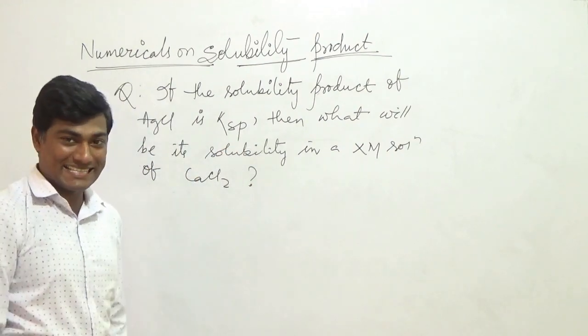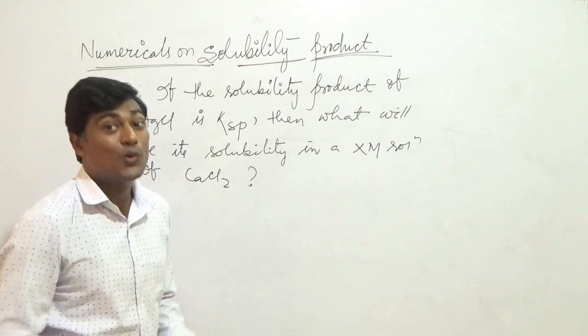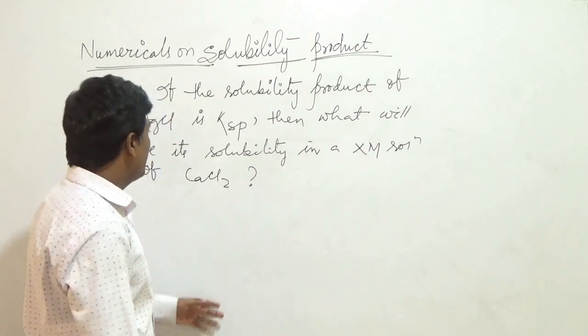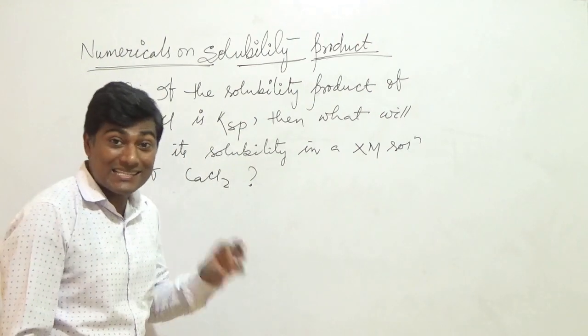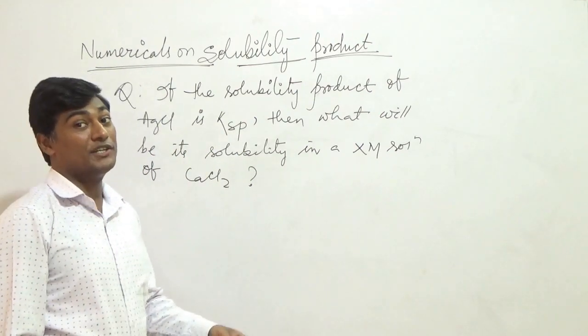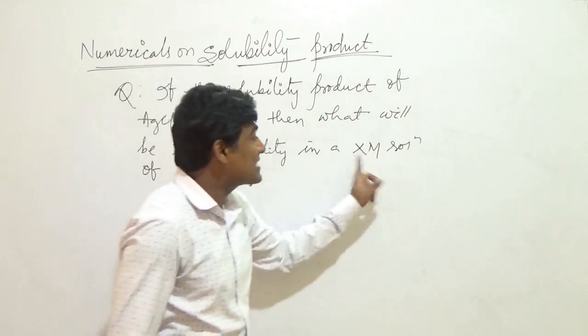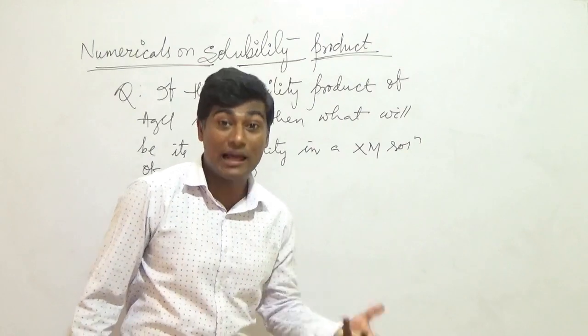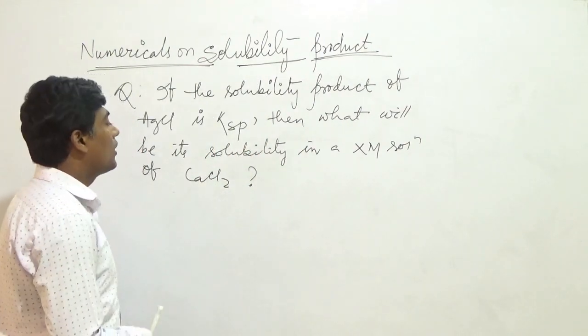What is given is the solubility product of AgCl, and it is asking what will be the solubility of that AgCl when it is put into a solution of X molar calcium chloride. So what to do?